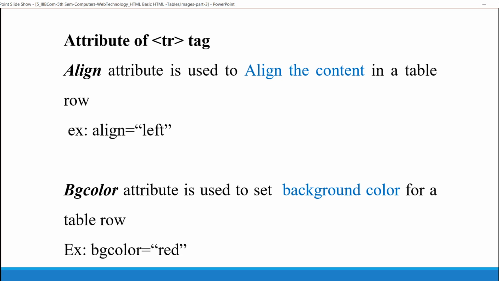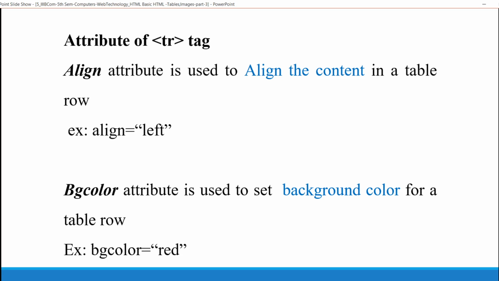If you want to place the content of a row or heading or data in a cell, either on the left side, right, or center of the cell, we use the align attribute.